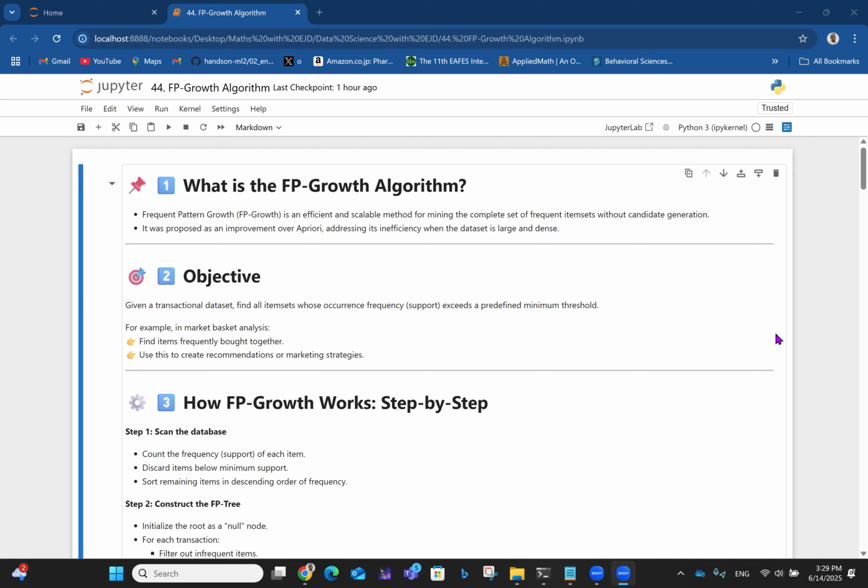So it was proposed as an improvement over a priori, addressing its inefficiency when the data set is large and dense. So when we have large and dense data sets, the a priori algorithm, upon which market basket analysis is dependent, is going to fail. So the best method we want to use in that case is the frequent pattern growth algorithm.